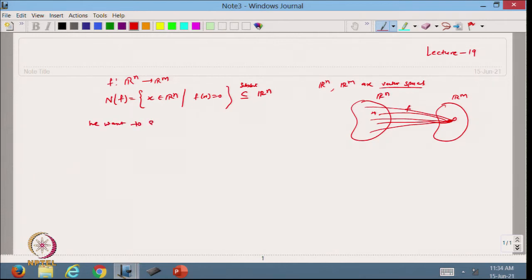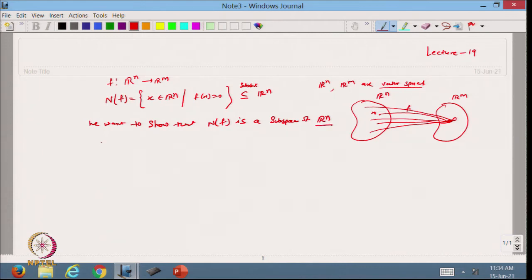Now we want to show that N(f) is a subspace of Rn. So let us do that.